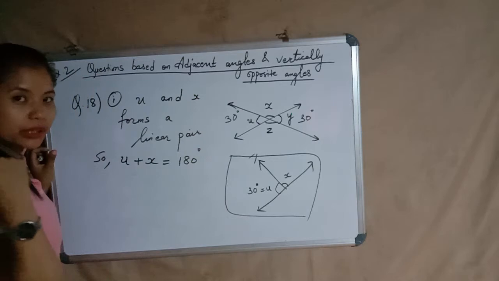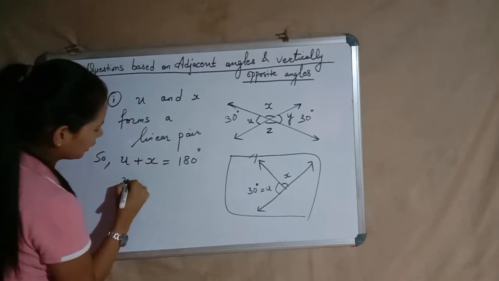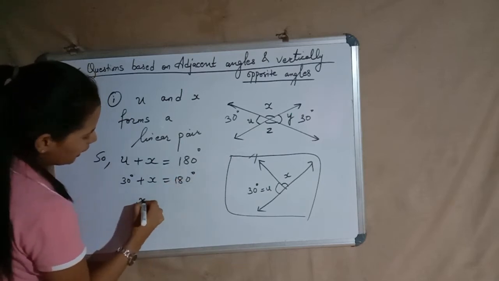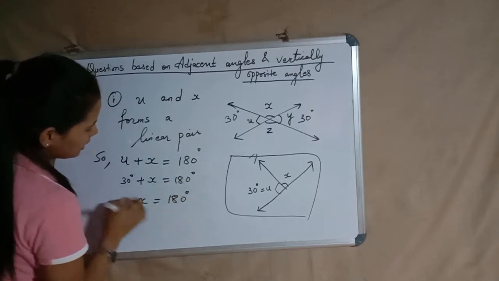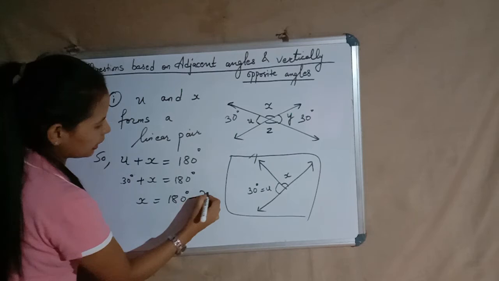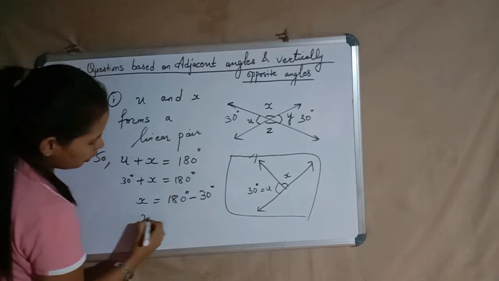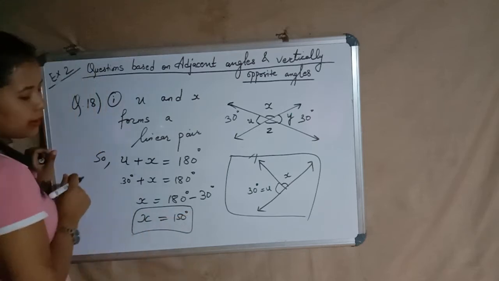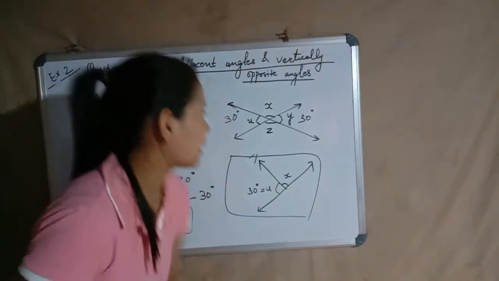U's value we have already got, that is 30 degrees, plus X equals 180 degrees. So X will be equal to 180 degrees, and this 30, when we take that side, becomes minus 30. So X will be equal to 150 degrees. So we have got the value of X as well.